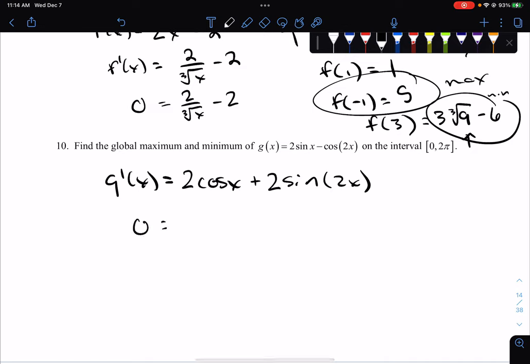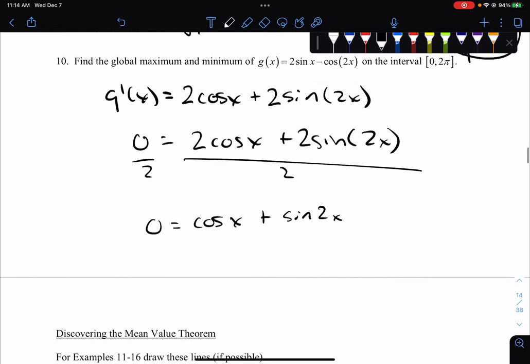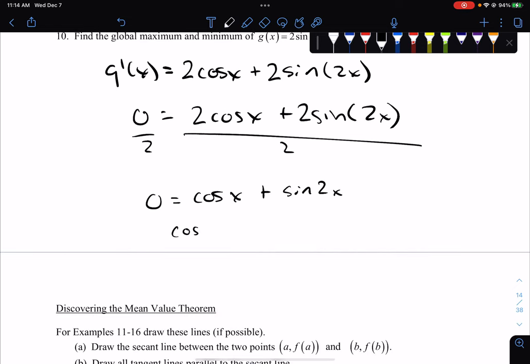So if I set this equal to 0, 2 cosine of x plus 2 sine of 2x, we're going to go ahead and get rid of the 2's. Divide everything by 2. So I end up with 0 equals cosine of x plus the sine of 2x. So cosine of x equals negative sine of 2x.